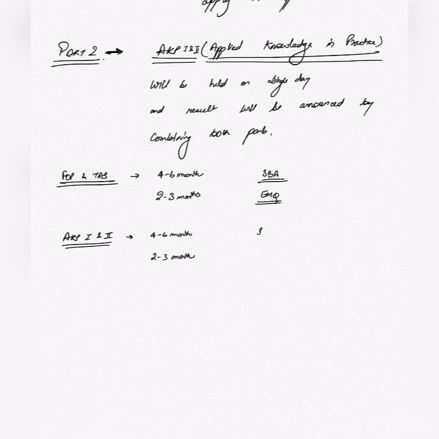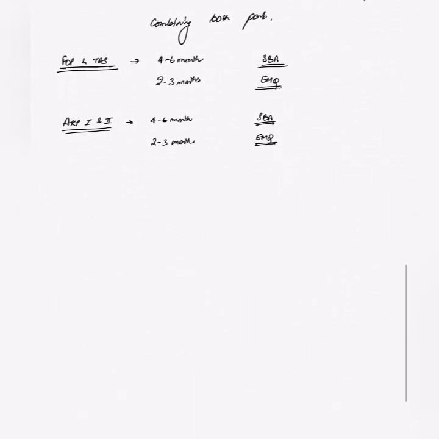This also consists of SBAs and EMQs both. There are a lot of books for FOP and TAS that you will need to study, and also for AKP part 1 and part 2. We will be discussing that later.